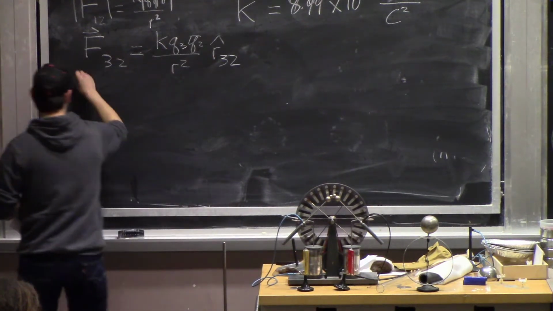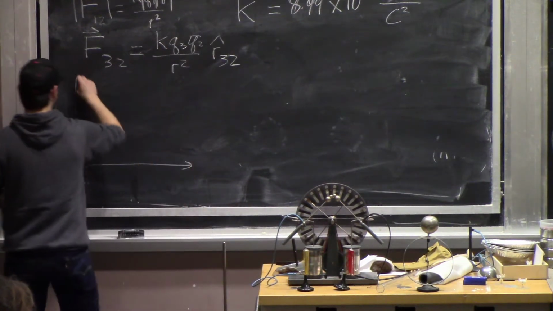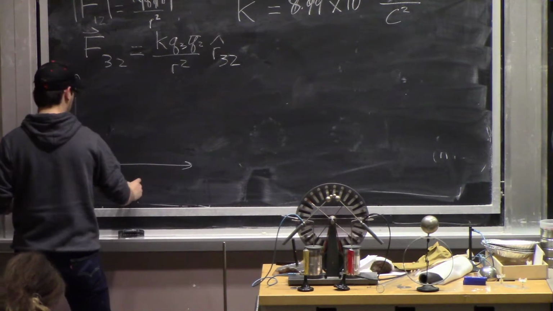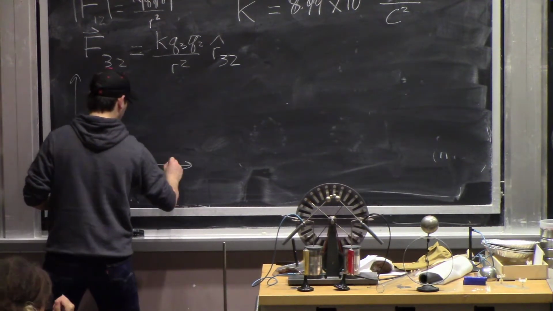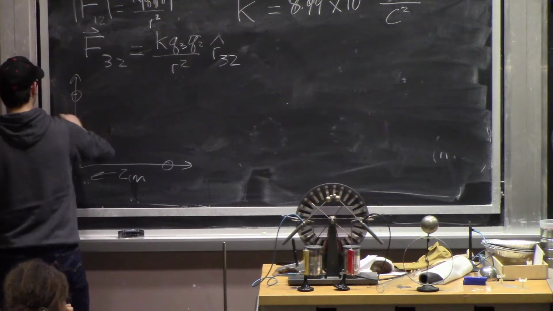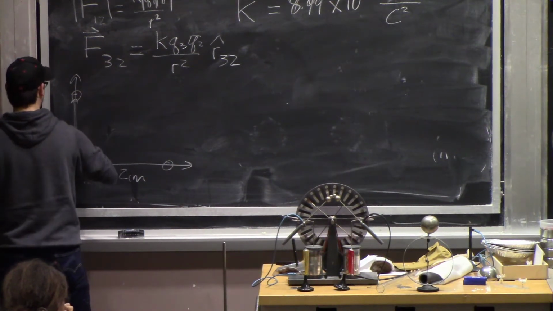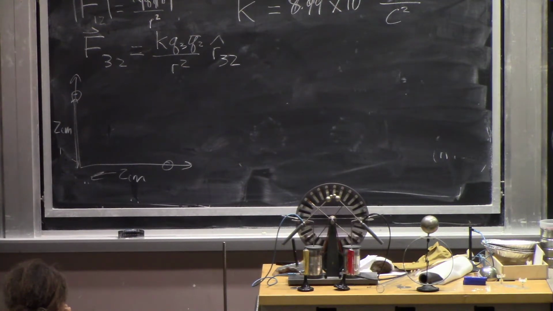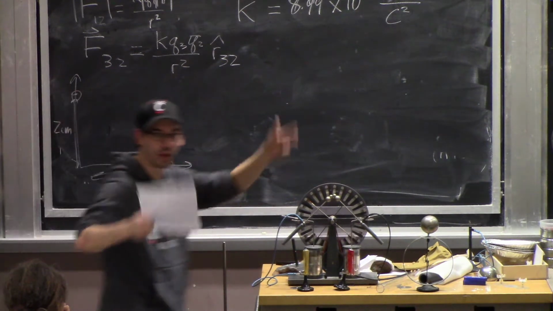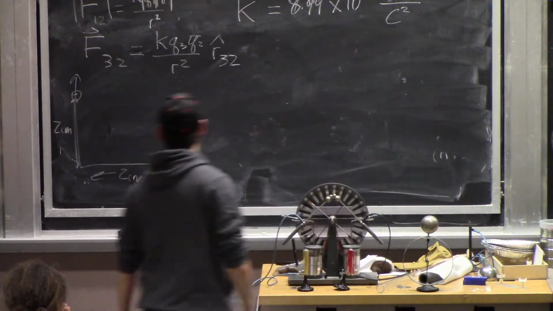If we remember what this looked like, this was 2 centimeters. This was 2 centimeters. How am I going to find R squared? Come on, you guys know this. All together: Pythagorean Theorem, right?